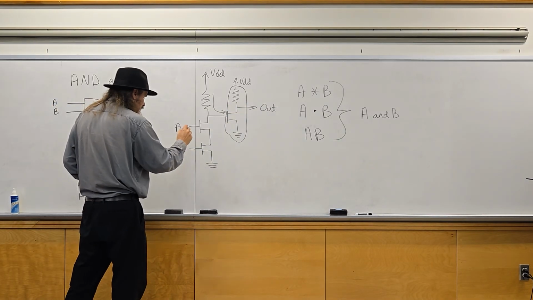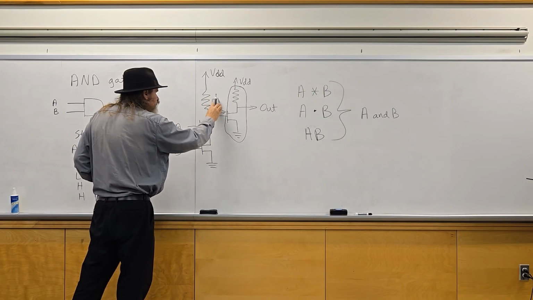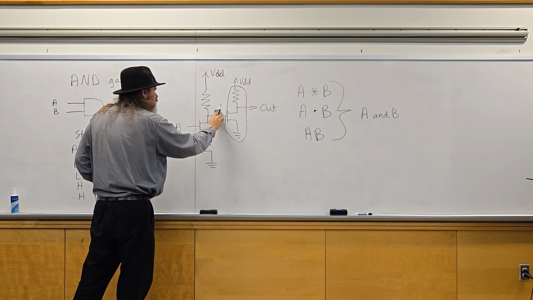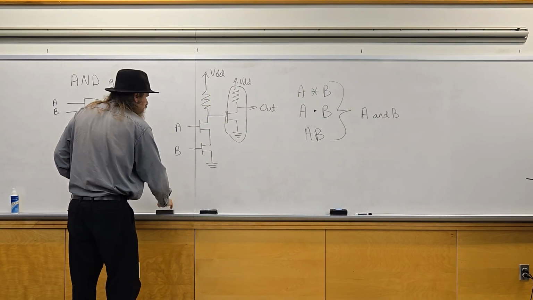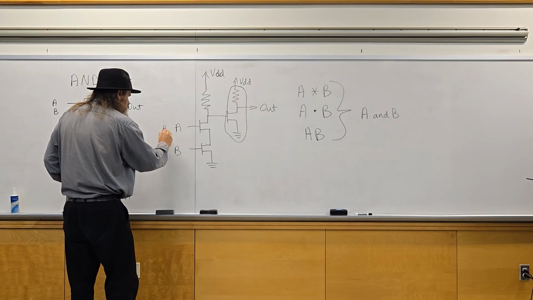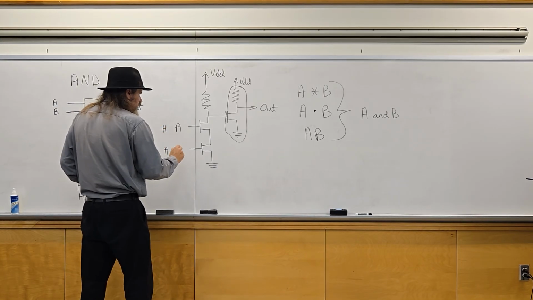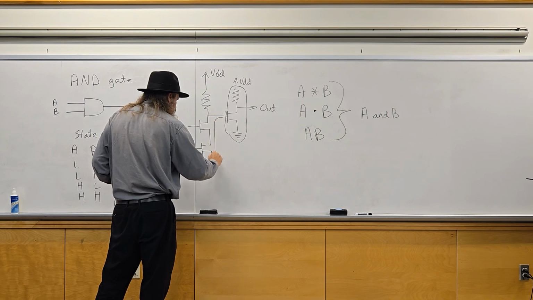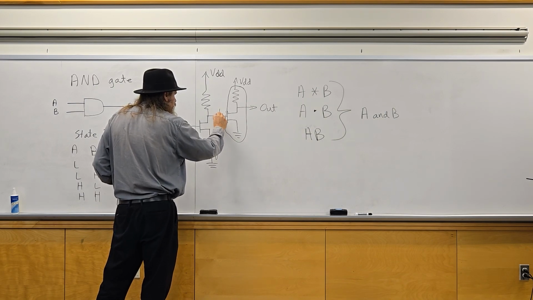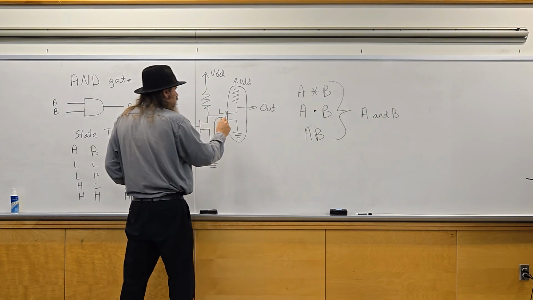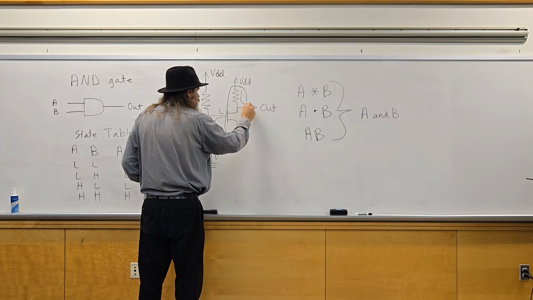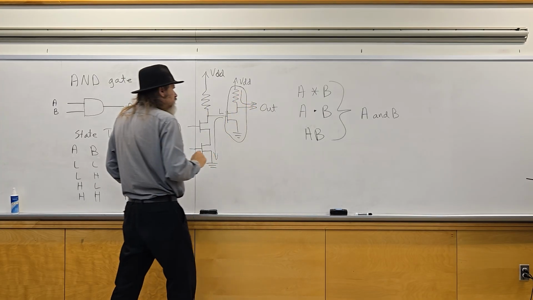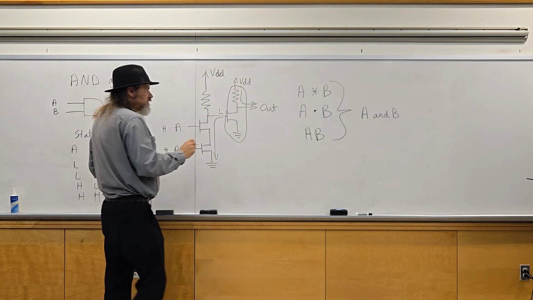If both these are high, then it creates a short circuit, drawing this low to ground. This will be low. And then power will go out here to make the output high.